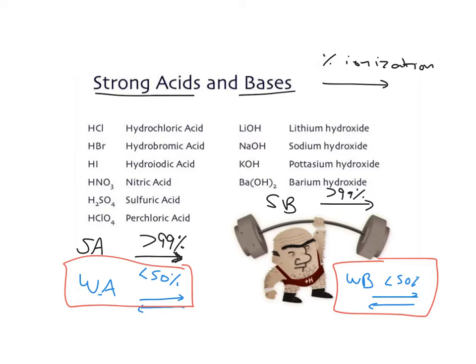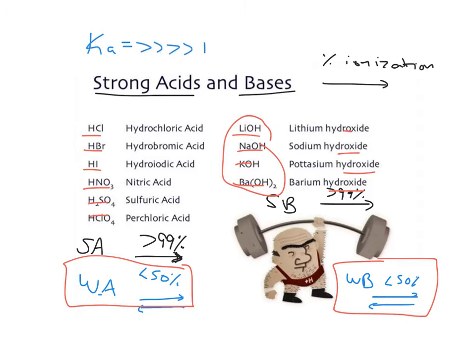When it comes to strong acids and bases, these are the strong acids, and these are the strong bases. Strong bases, you'll notice, are just ionic compounds with hydroxide in the name. Strong acids in our data booklet are things with Kas that are very large. It says much, much, much greater than 1.